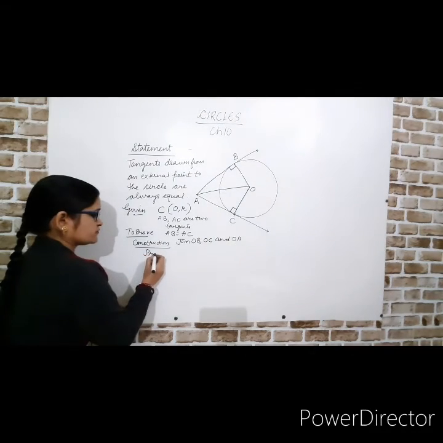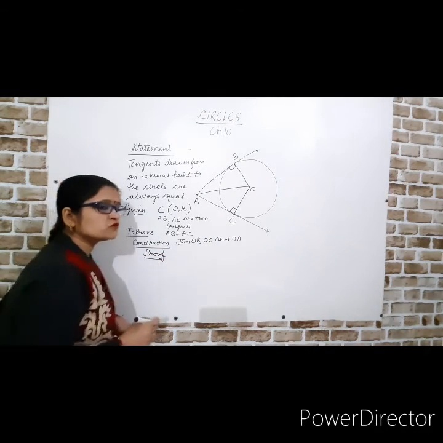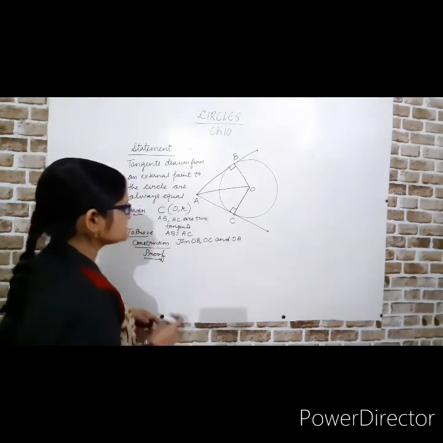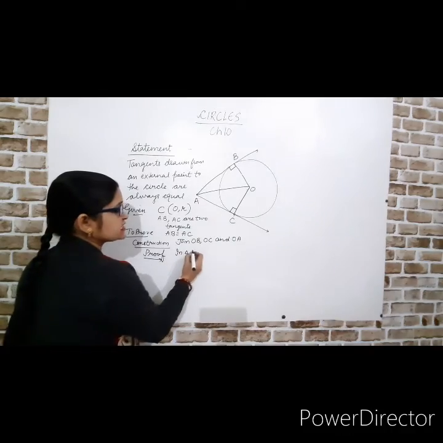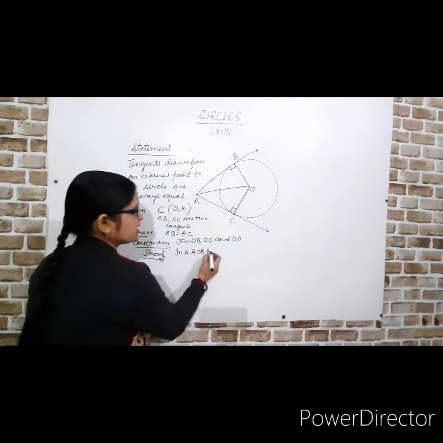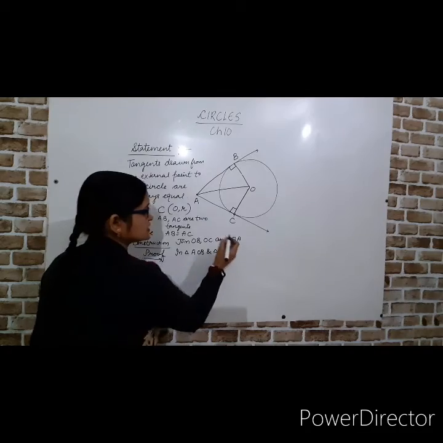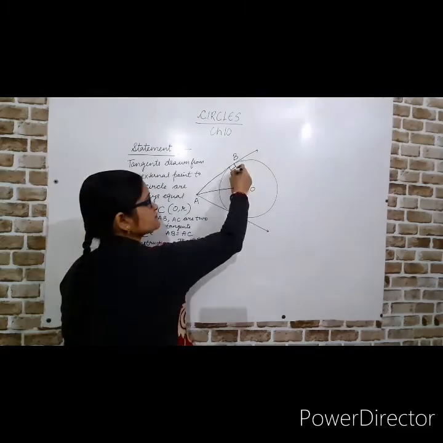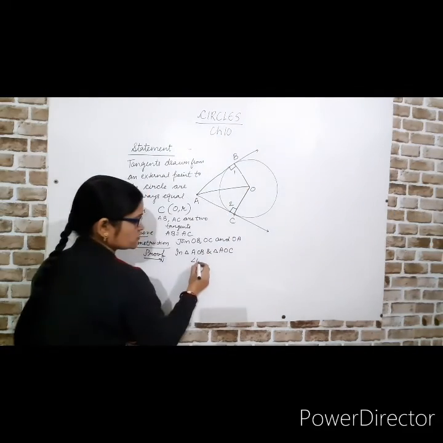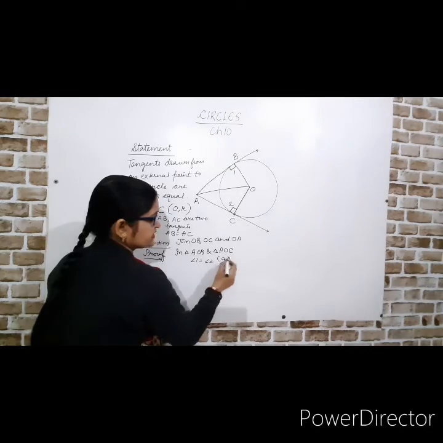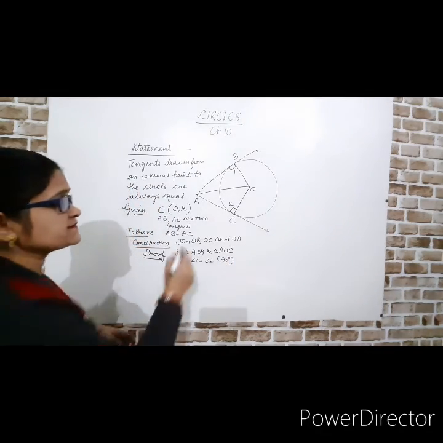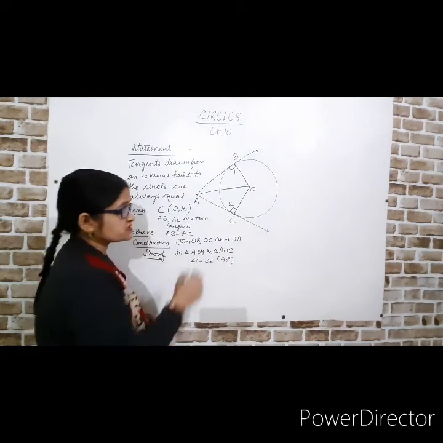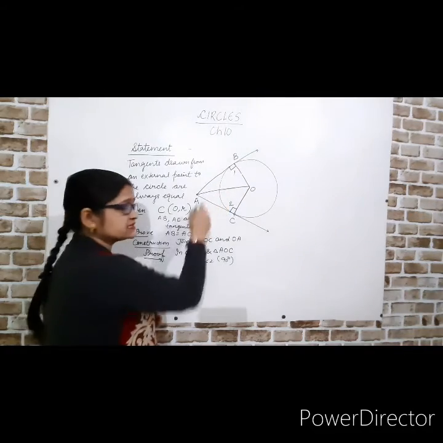Proof. To prove that they are equal, I will take the concept of congruency. So first of all, I am taking two triangles, triangle AOB and triangle AOC. I will make them congruent. First of all, angle 1 and angle 2 are both 90 degrees each. Second, the side opposite to the right angle is the hypotenuse, which is common in both the triangles.